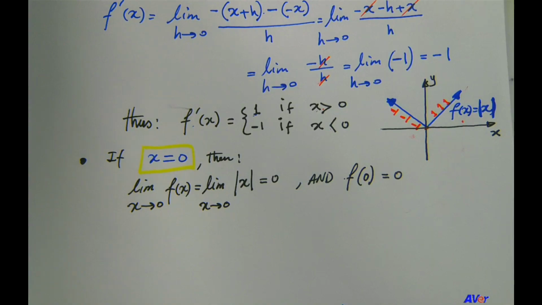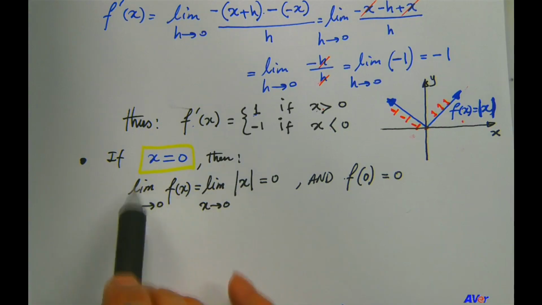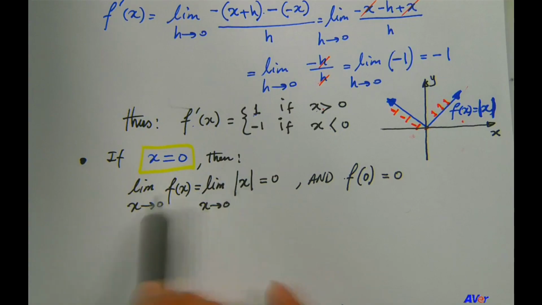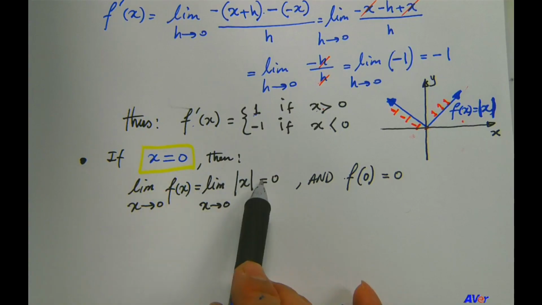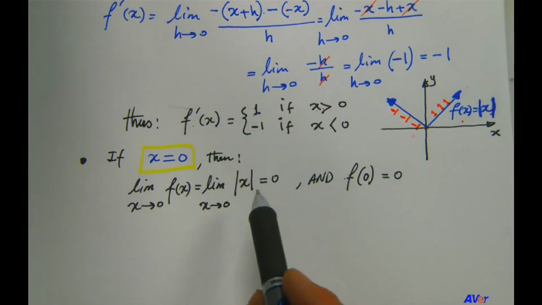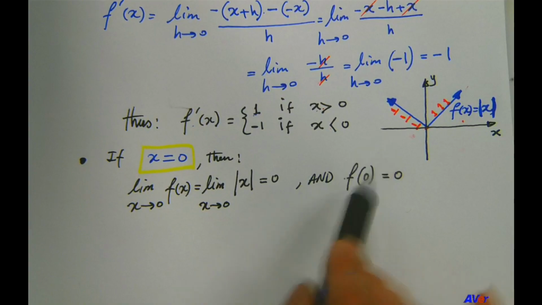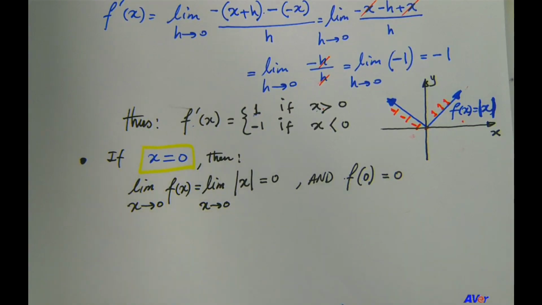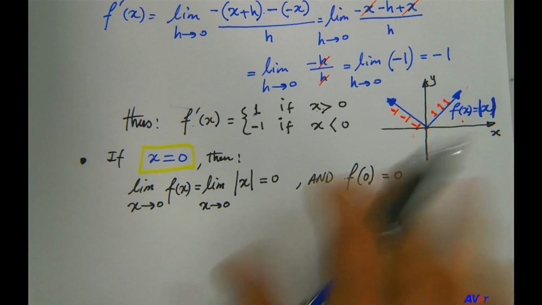We said that if at any value of a function, the limits from the left and from the right are equal to each other, and equal to the value of the function at that x value, then the function is said to be continuous at that point.